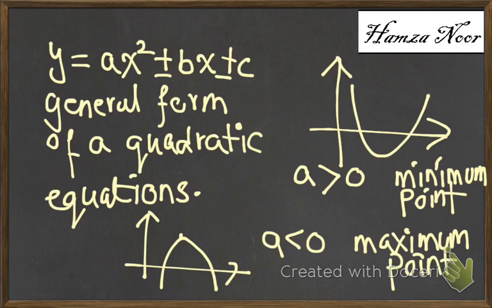Basically, to convert a general form of the quadratic equation into a completing square form, you have two methods. The first method is a basic formula. It may seem a little complicated to you in the start, but as soon as you learn it by heart, it would be very easy for you to convert any general quadratic equation into a completing square form.